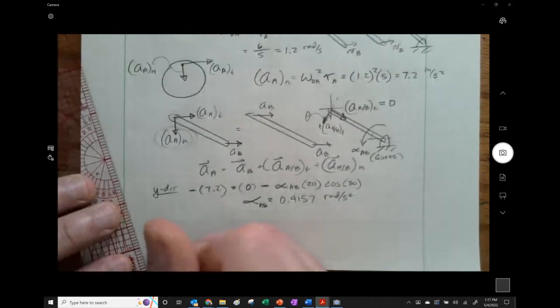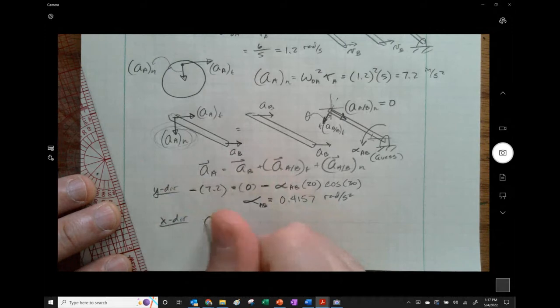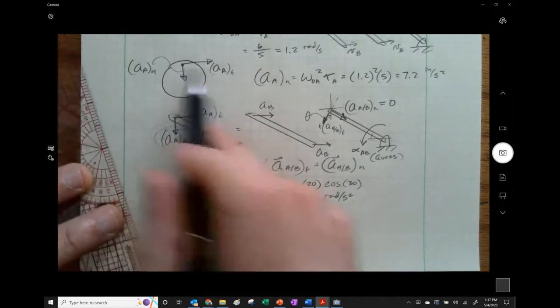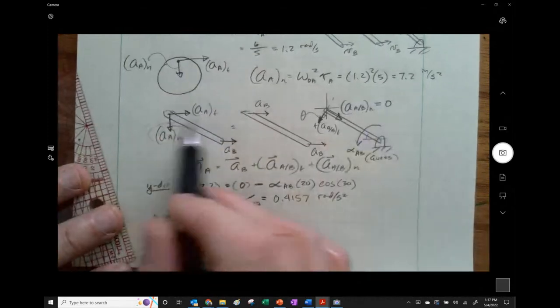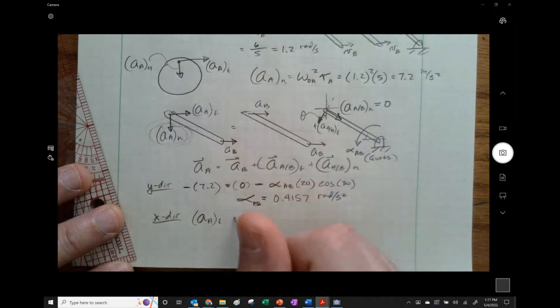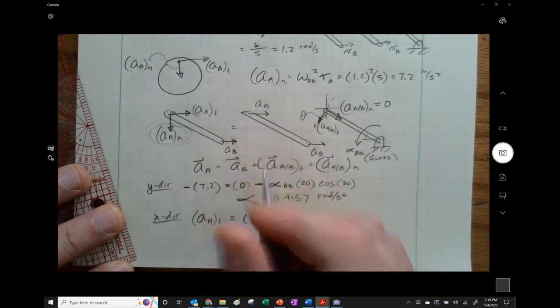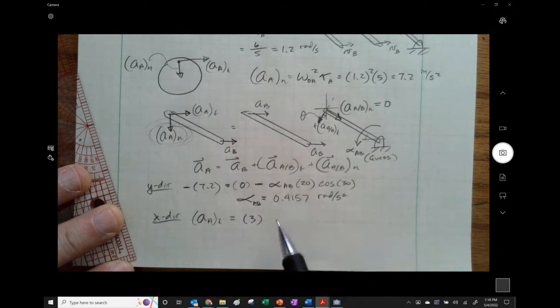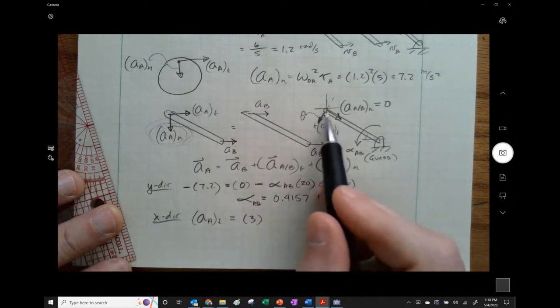And now in the x direction, I drew it as positive. So I'll just keep that way. So let's see. We go here equals positive acceleration of B, which was given as 3 inches per second. This one is negative.